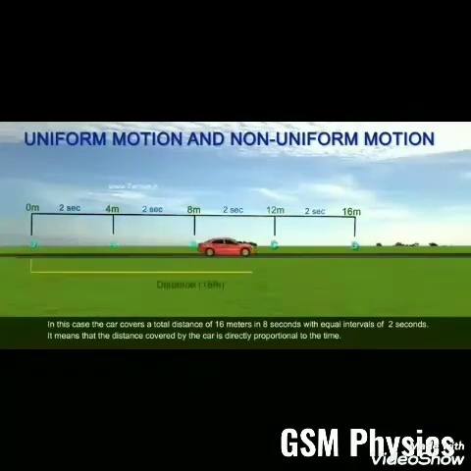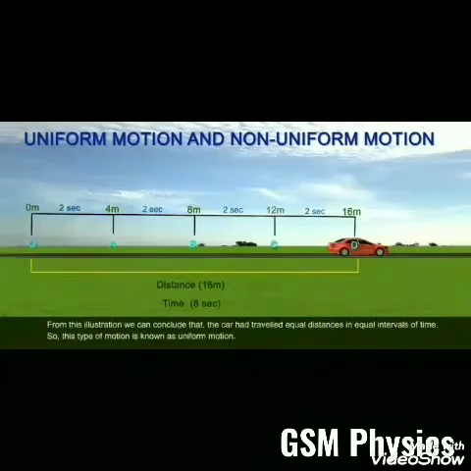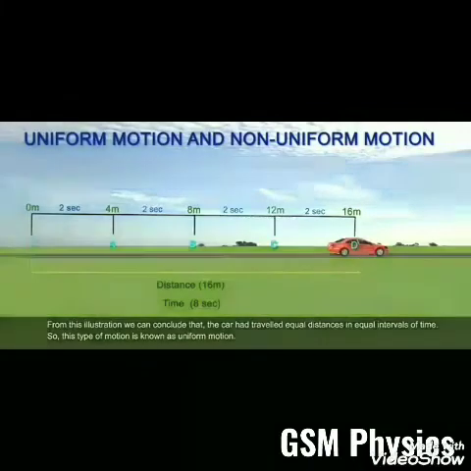In this case, the cord covers a total distance of 16 meters in 8 seconds, with an equal interval of 2 seconds. It means that the distance covered by the cord is directly proportional to the time. From this illustration, we can conclude that the cord has traveled an equal distance in an equal interval of time. So, this type of motion is called uniform motion.